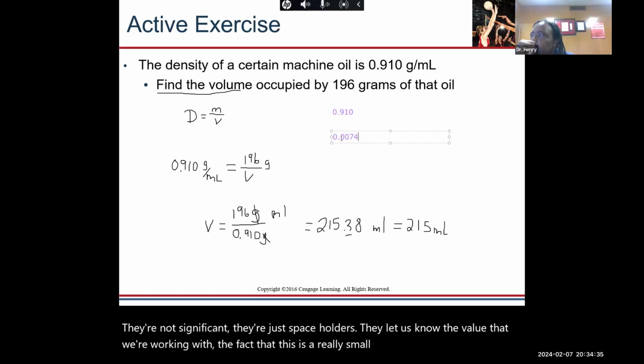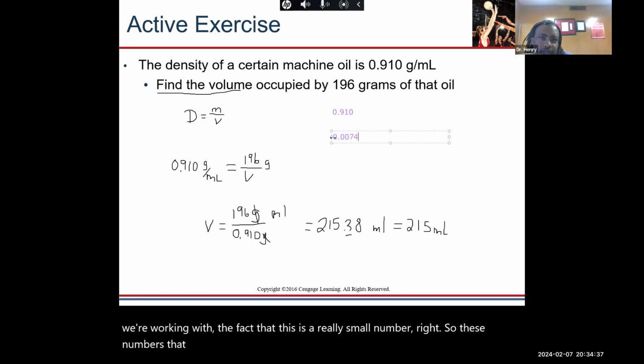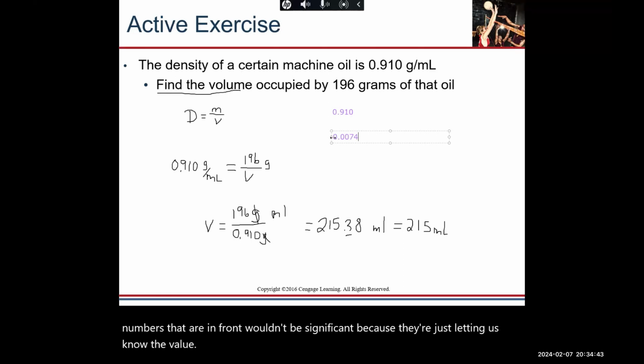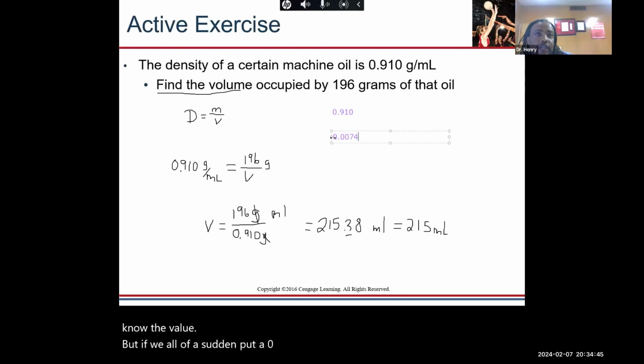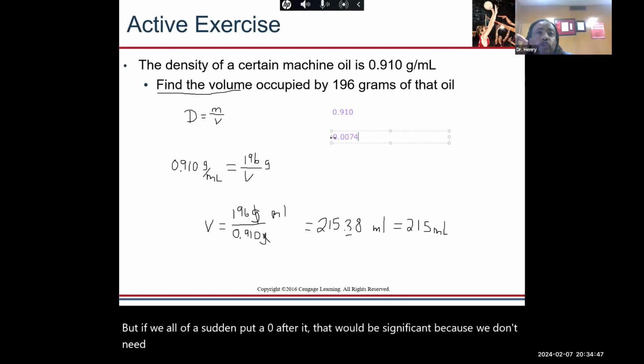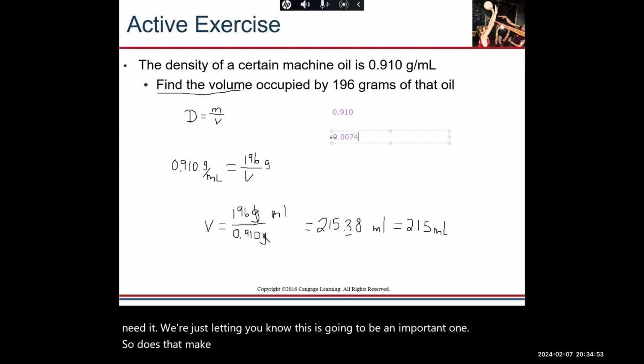But if we all of a sudden put a zero after it, that would be significant, because we don't need it. We're just letting you know this is going to be an important one. So does that make sense? Yeah, it does. Thank you.